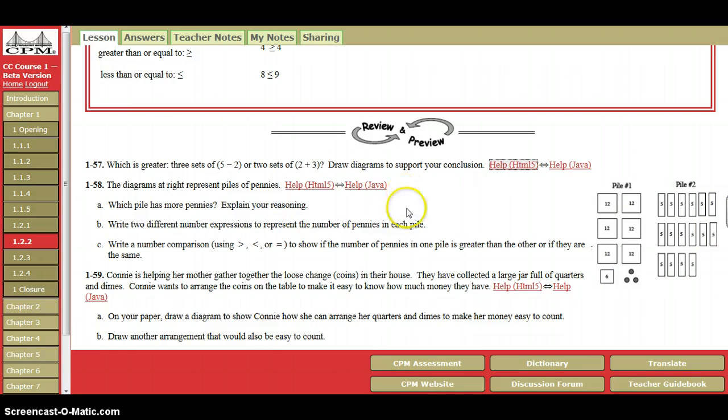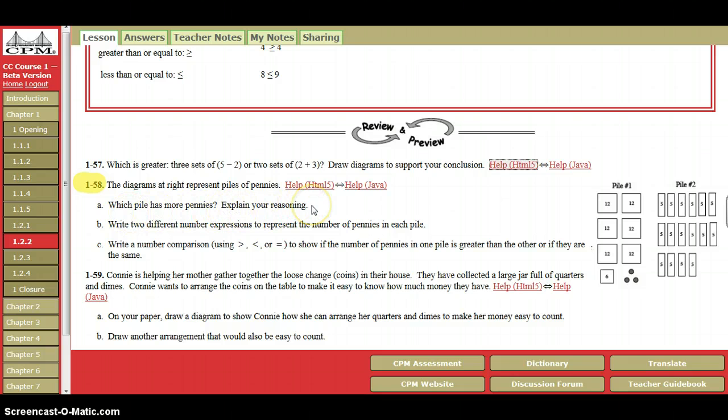158 says, let's highlight here so our eyes go right to it, the diagram at right represents piles of pennies. Okay? So in here, these are piles of 5 pennies, and these are piles of 12 pennies. Here's a pile of 6 and 3 individual pennies down here. Okay? It's asking you which pile has more pennies.